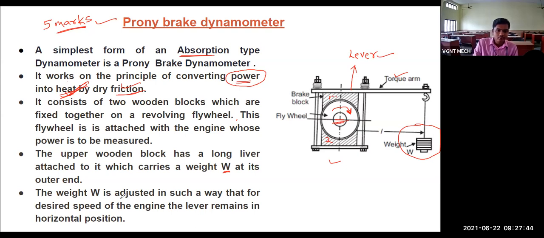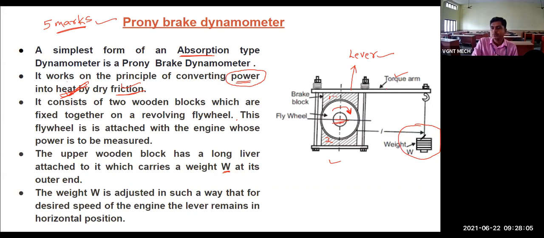The weight W is adjusted in such a way that for the desired speed of the engine, the lever remains in horizontal position. Our aim is to always keep this lever in horizontal position. What happens when the speed of the engine increases? Then this lever may come down.